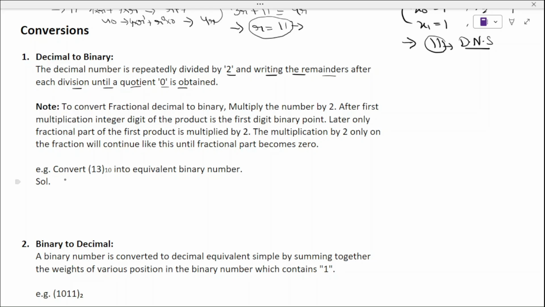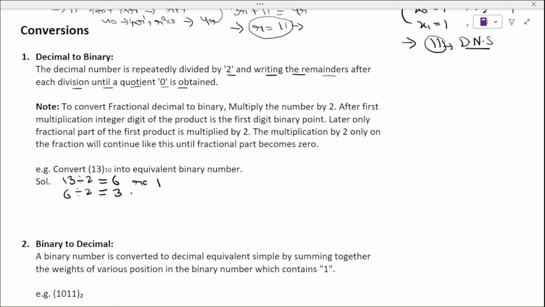How will we do this? 13 divided by 2 is 6, and the remainder is 1. Now 6 divided by 2. As I have written, the decimal number is repeatedly divided by 2 until a quotient of 0 is obtained. So we have to reach the quotient 0.